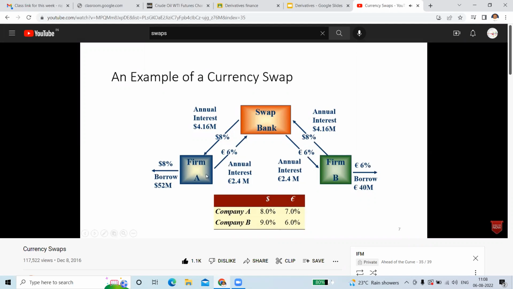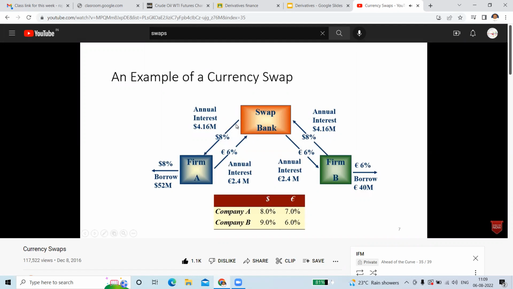What firm A is going to do is pay the swap bank a 6% rate on these euros, and the swap bank is just going to pass that along to firm B. So you can see 6% in terms of euros goes to the swap bank, and then 6% goes to firm B. Firm B, on the other hand, is paying 8% in terms of US dollars to the swap bank, and the swap bank is passing it on to firm A.